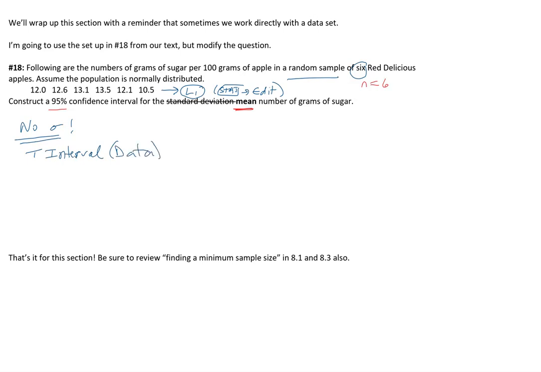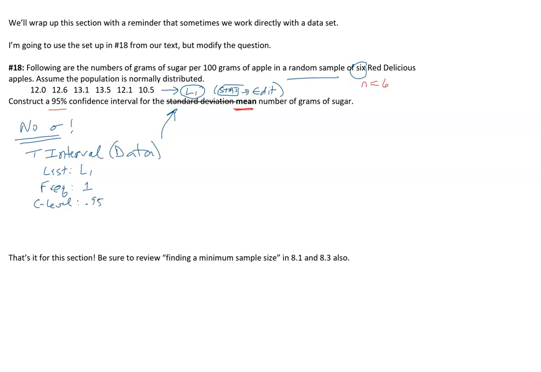And then we want to make sure that we tell the calculator to use L1. So once you're in t-interval with that data option, you'll see list, and that's where you want to make sure it says L1. And then for frequency, because we didn't set up a frequency list, you just want to leave the number 1 there. And then your confidence level, 95%, so 95 or 0.95.